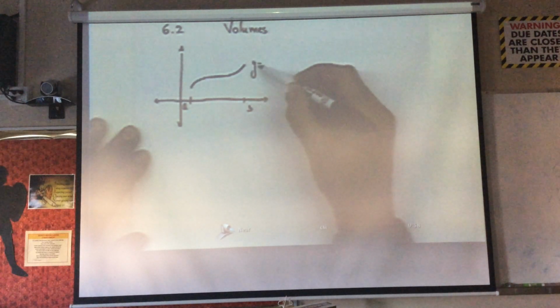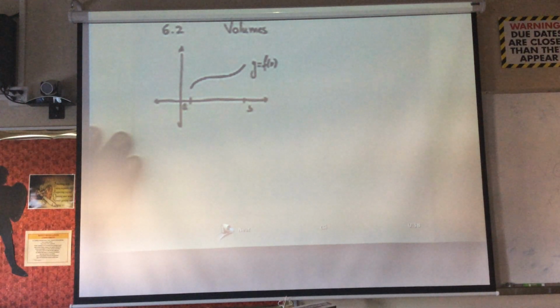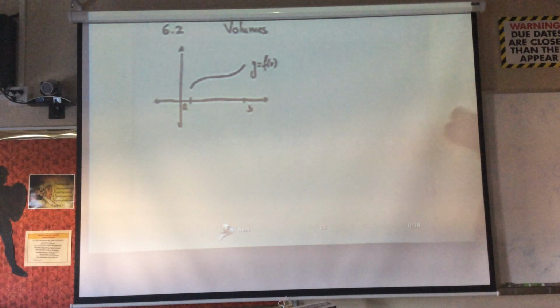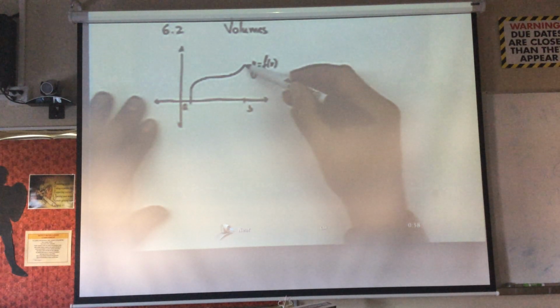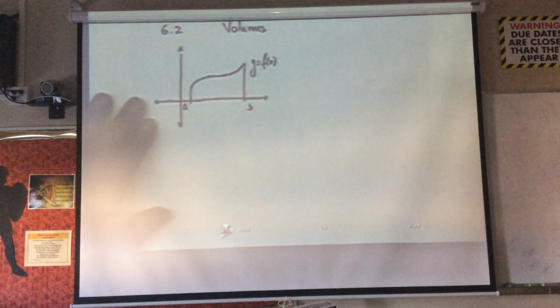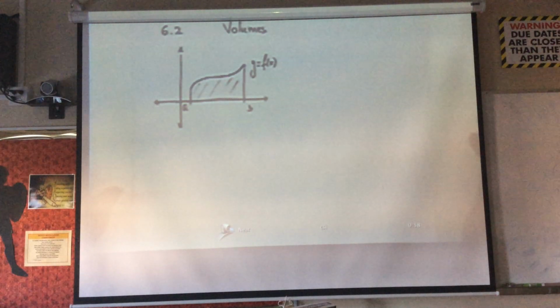And that's your function, y equals f of x. Now, this curve will create area under the curve, okay? Like we kind of had before.